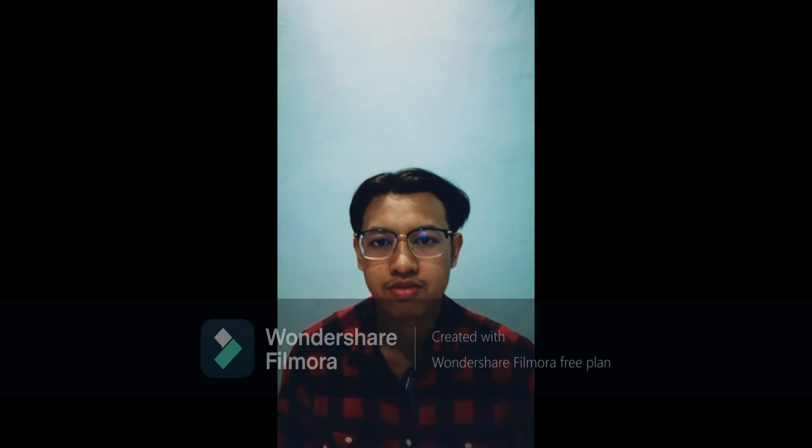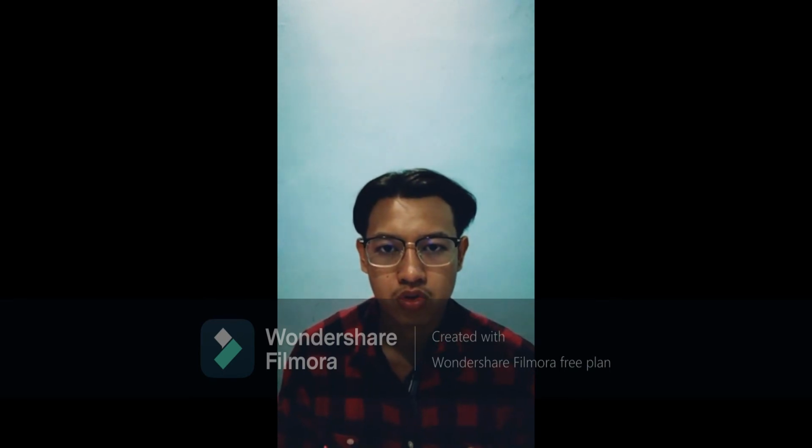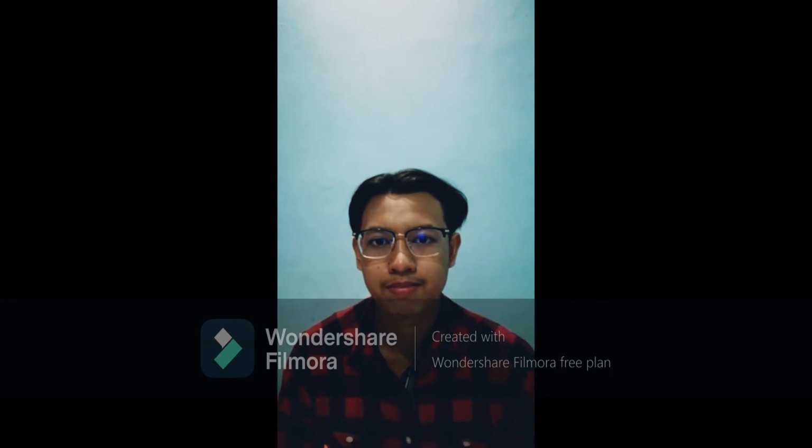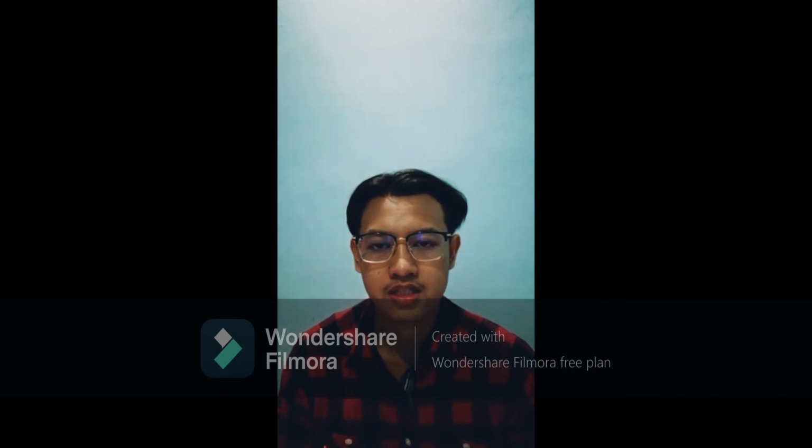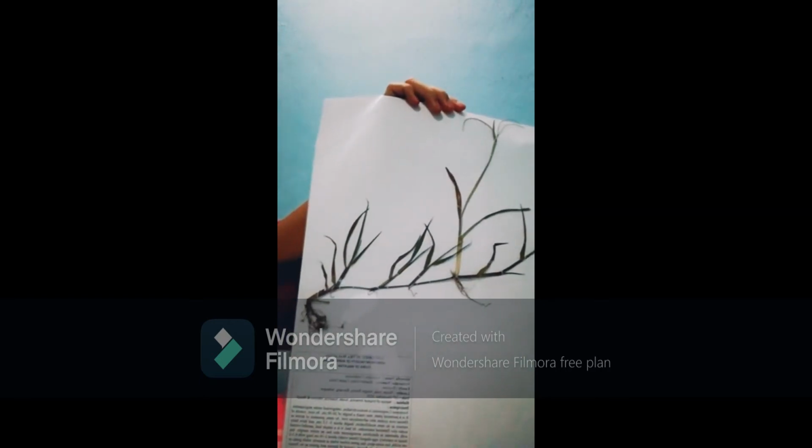I am Muhammad Akif Afnan bin Muhammad Ariffin, 207779. Today I will present my herbarium sample, and my group decided to take a herbarium sample under the Poaceae family. So this is my sample.